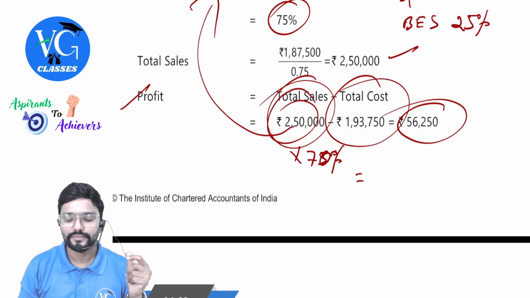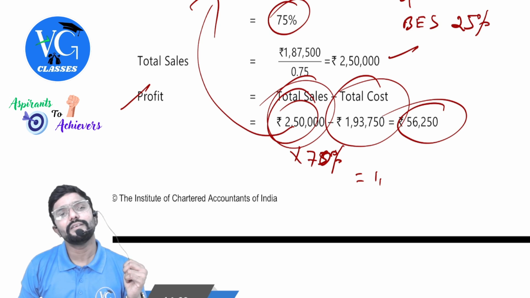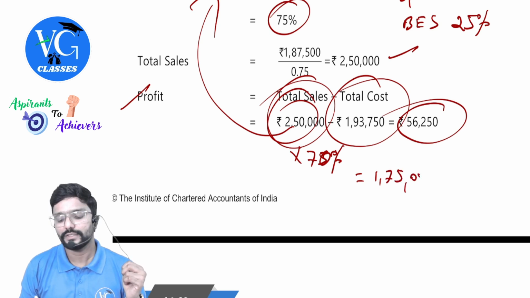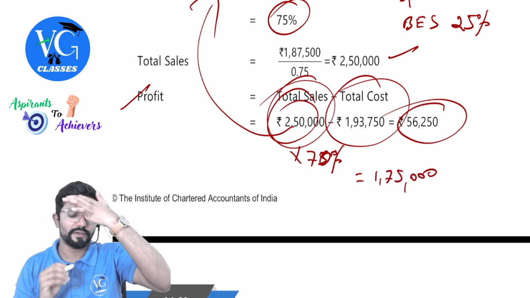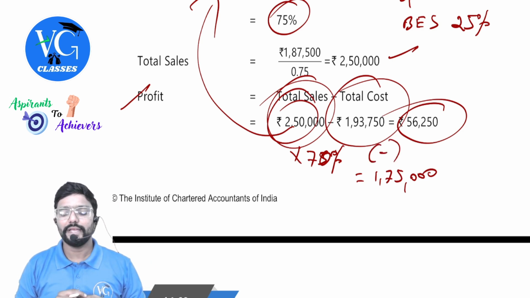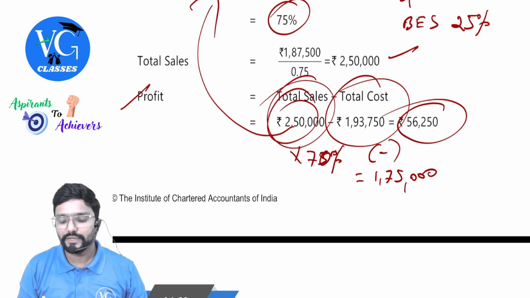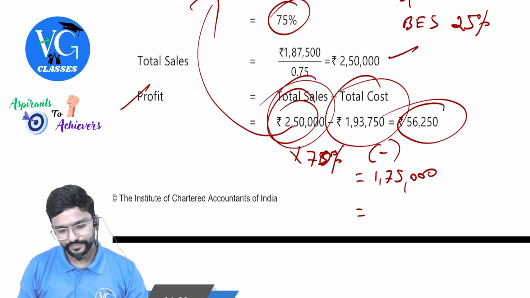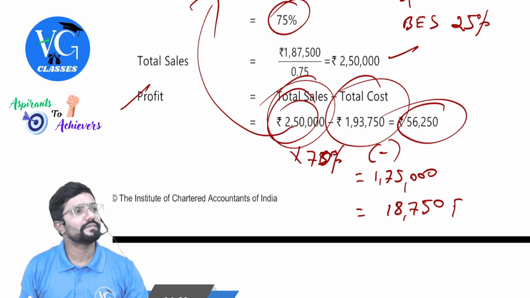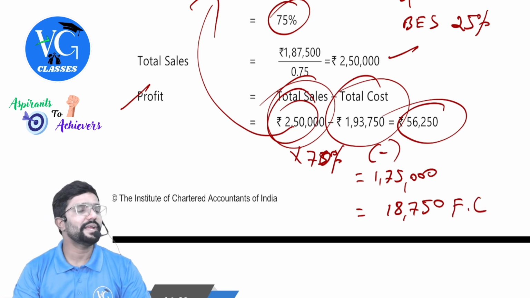How much, quickly? 175,000. So my 193,750 minus 175,000. What is this? Fixed cost divided by PV ratio.